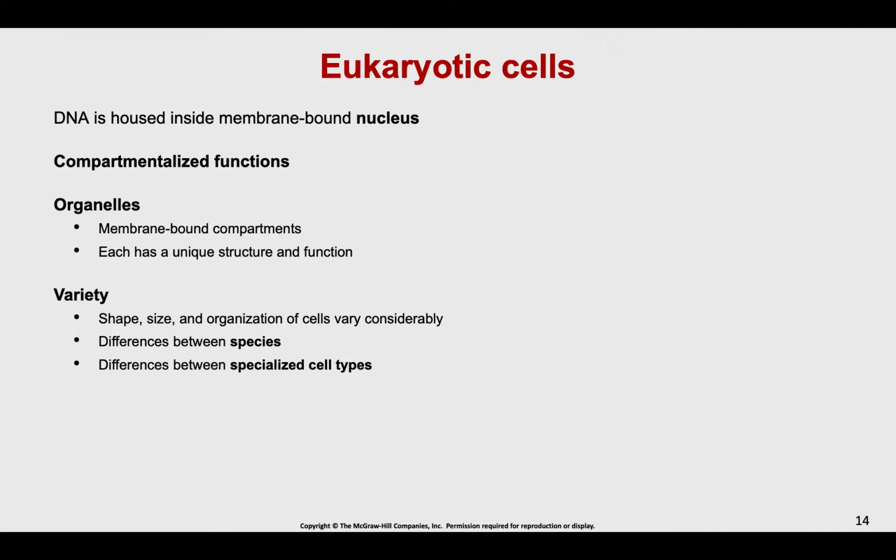It's that theme we're beginning to see emerge in this class: structure equals function. There's also a large variety. The shape, the size, organization, they're all going to vary considerably. Depending on if you take a cell from a plant versus an animal, you're going to see a lot of variety. Even if you take a cell from, say, your brain versus your gut, you're going to see a lot of differences between those two cells.